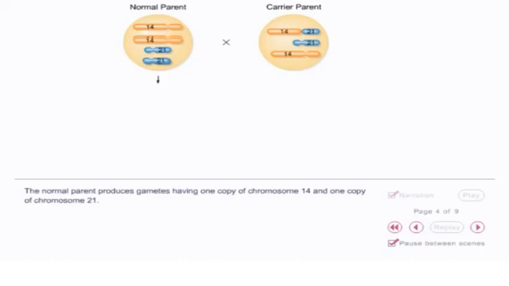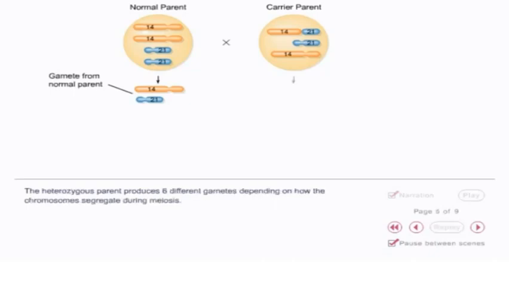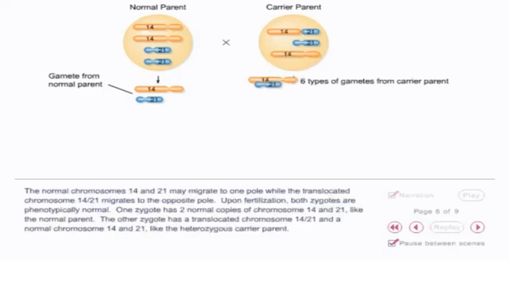The heterozygous parent produces 6 different gametes depending on how the chromosomes segregate during meiosis. The normal chromosomes 14 and 21 may migrate to one pole while the translocated chromosome 14-21 migrates to the opposite pole. Upon fertilization, both zygotes are phenotypically normal.